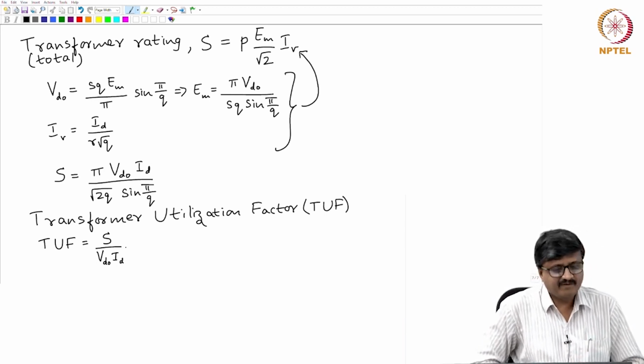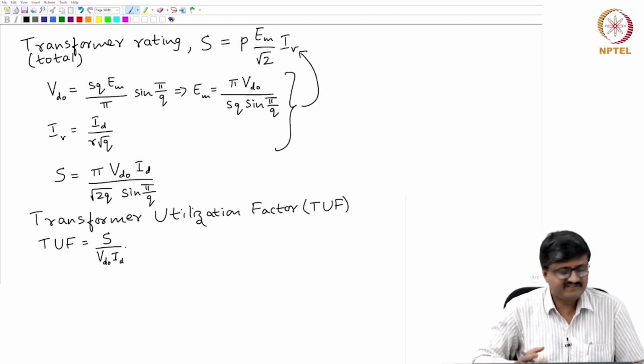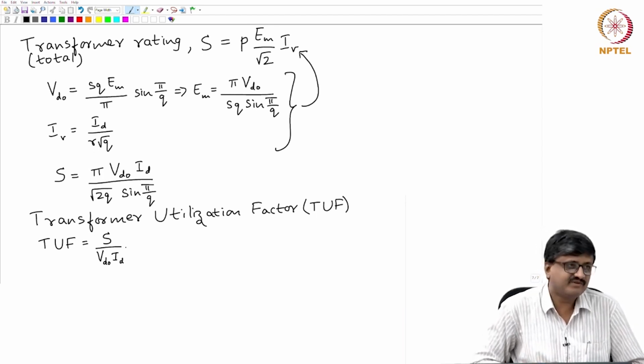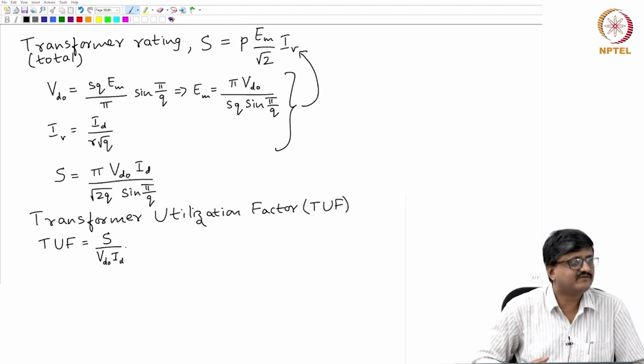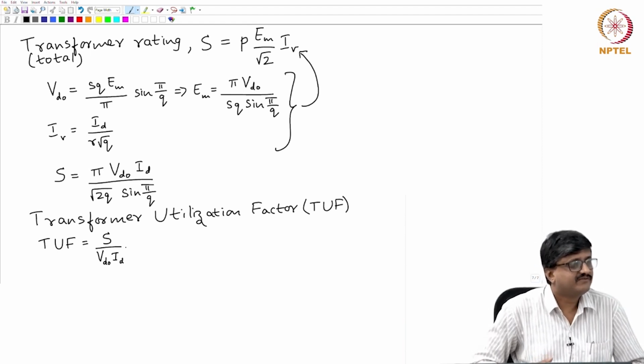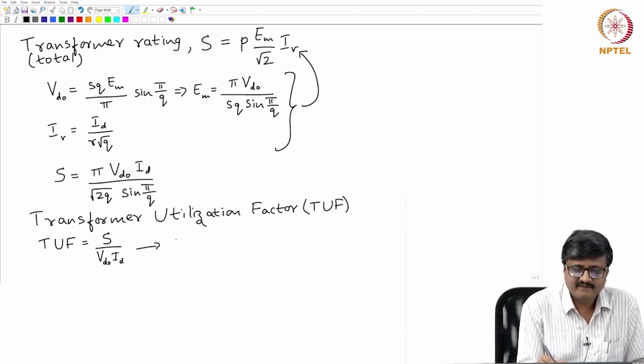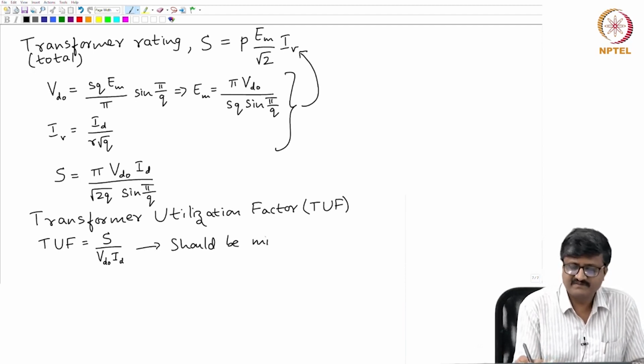Now, for a given maximum power, what is desirable? To have as low a value of S as possible or as high a value of S as possible? As low. I want to see that I invest as little as possible on the transformer. So, should this be maximized or minimized? Minimized.